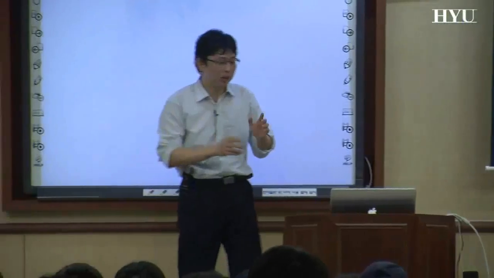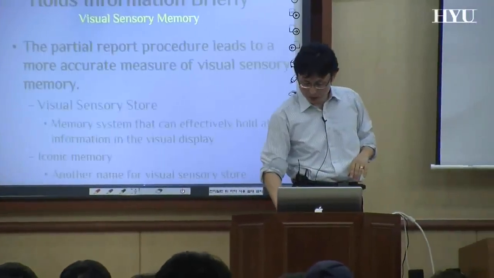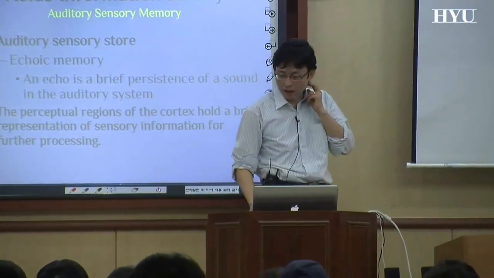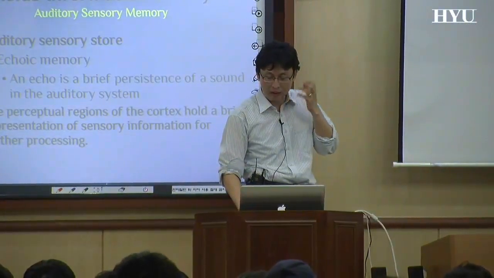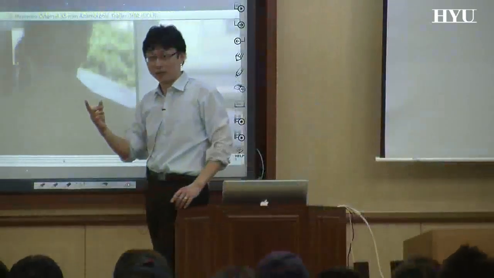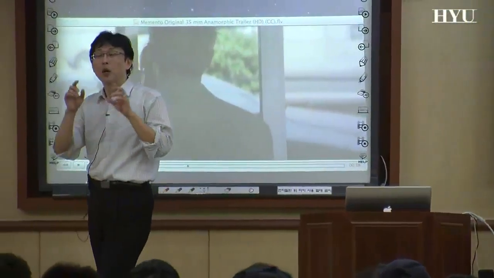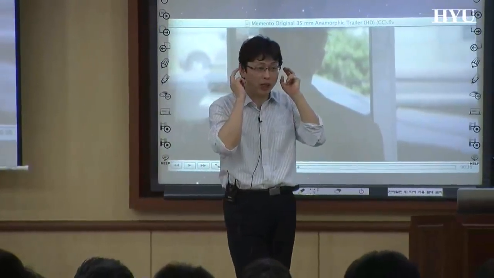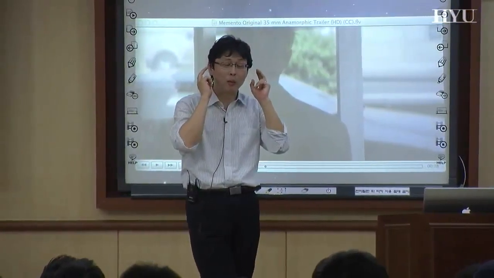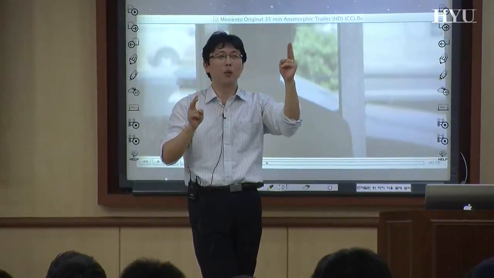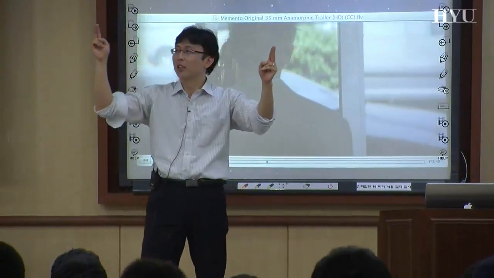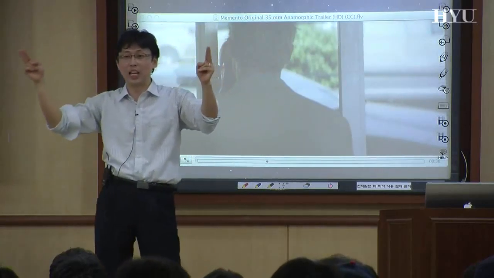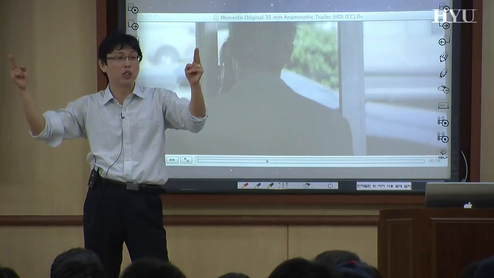This one is one of the experiments done by people, and the other one is echoic memory, the auditory memory. That is the idea to identify whether we have echoic memory. When you play one sound and then there is a time lag, how long does it take to forget what you just heard?